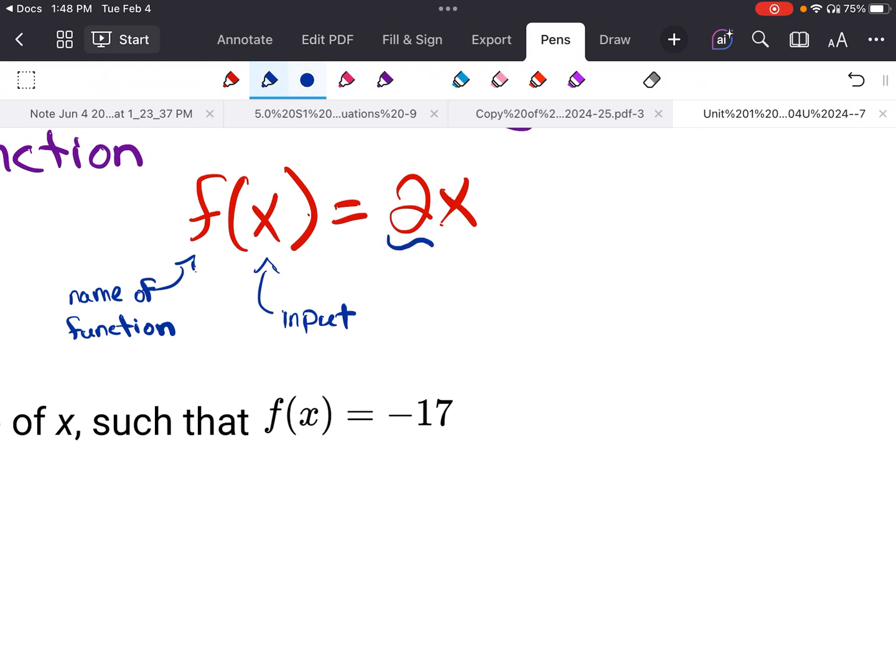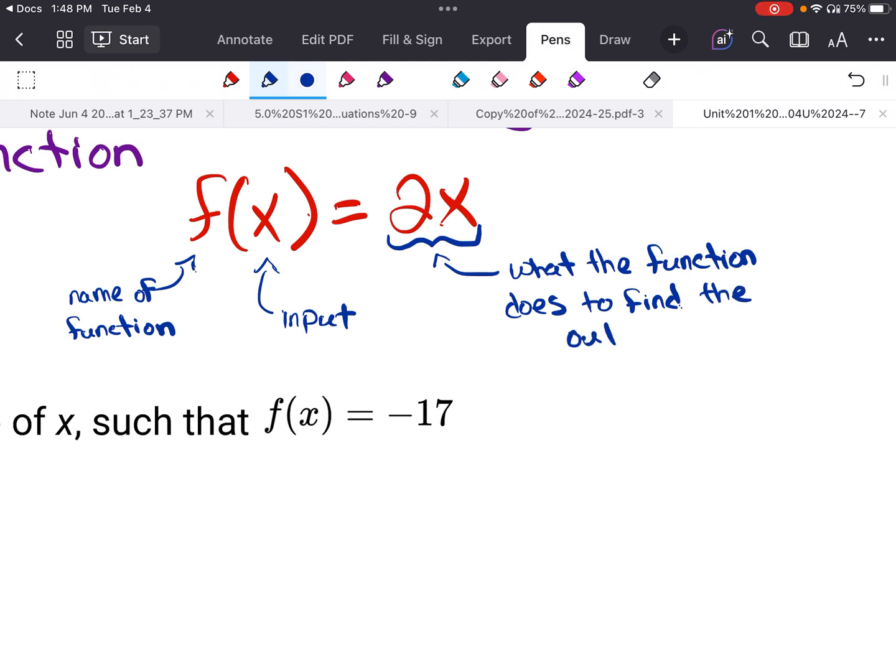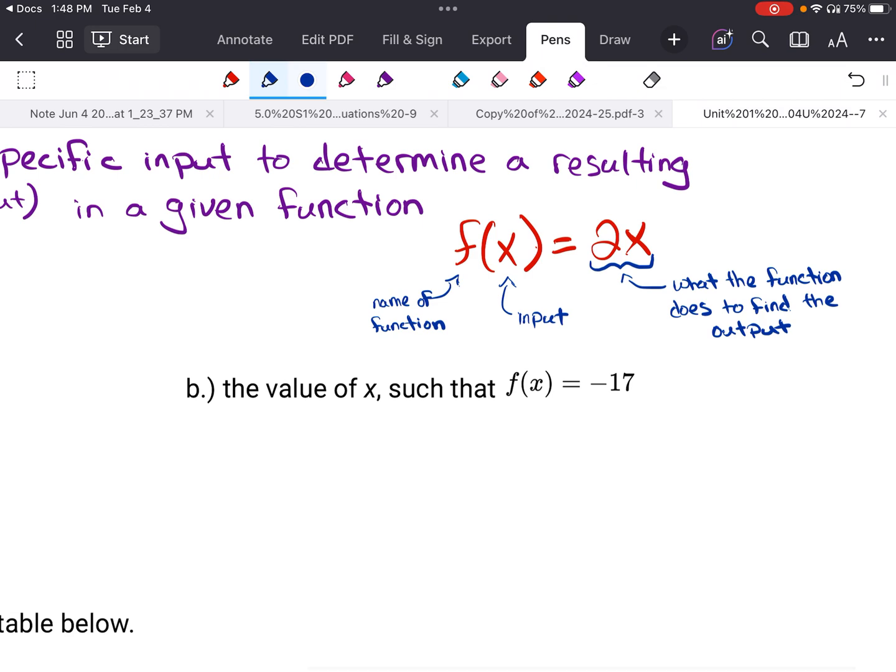And everything after the equal sign represents what the function does to find the output. So what this function does is just multiply the input by 2.